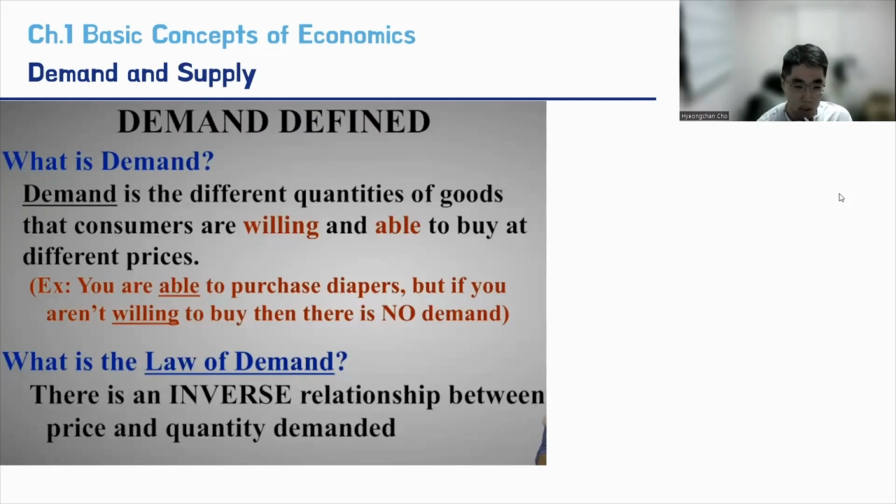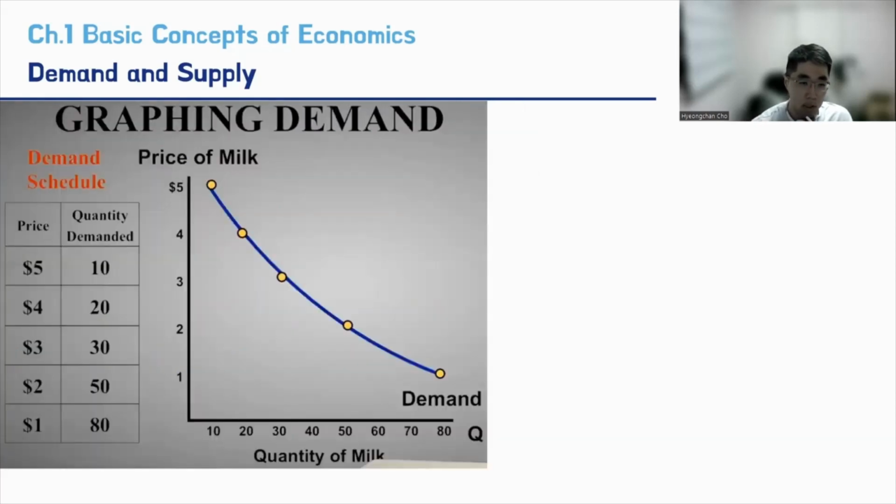The law of demand says briefly that there is a negative relationship between price and quantity, right? So we can make a chart of the demand schedule like this left chart, and this chart can be plotted like this right curve.